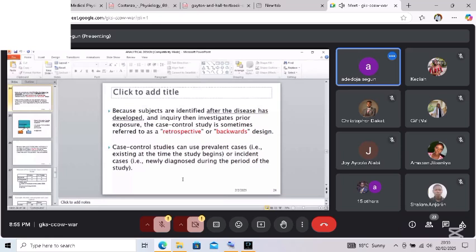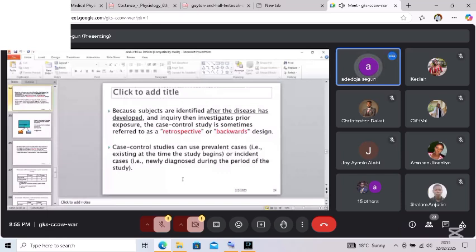The inquiry then investigates prior exposure. The disease has developed, the researcher has gotten the case, and then asks questions. For instance, for someone that has come down with pneumonia, can you tell us the nature of the water you take in your environment?